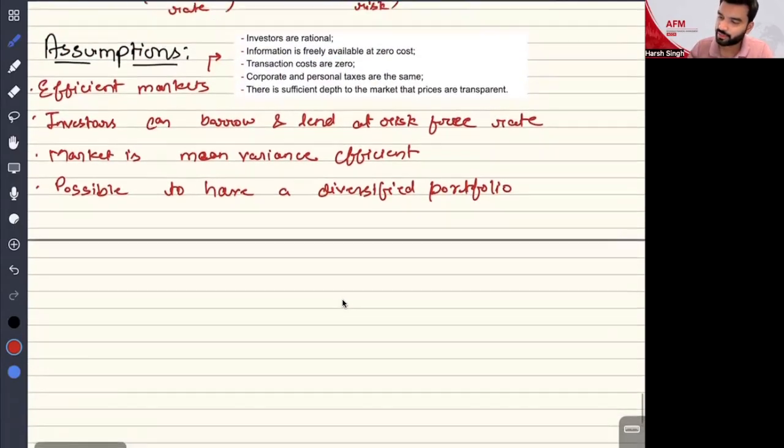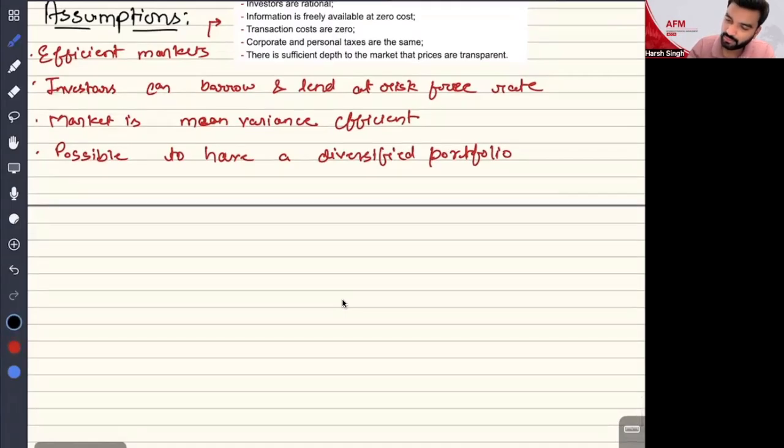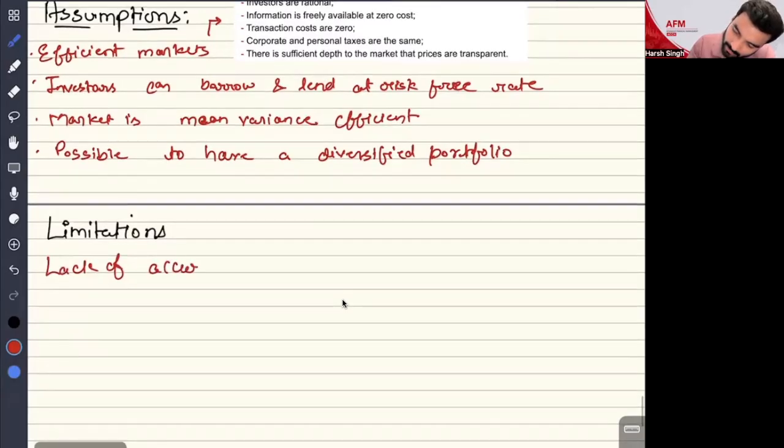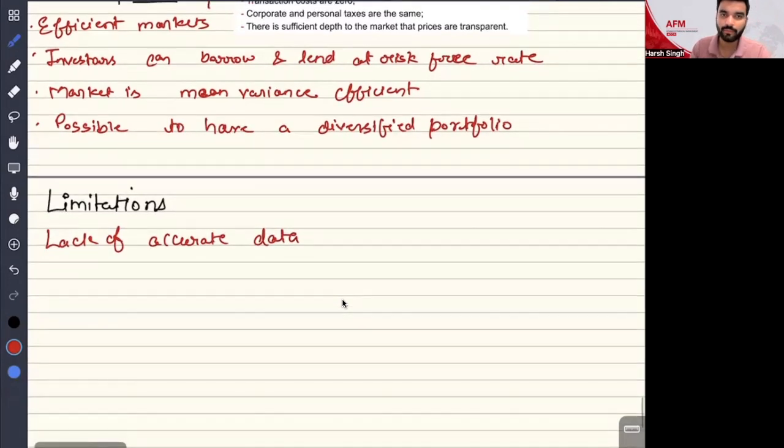I'll note it down as limitations. Lack of data, lack of accurate data. Okay.